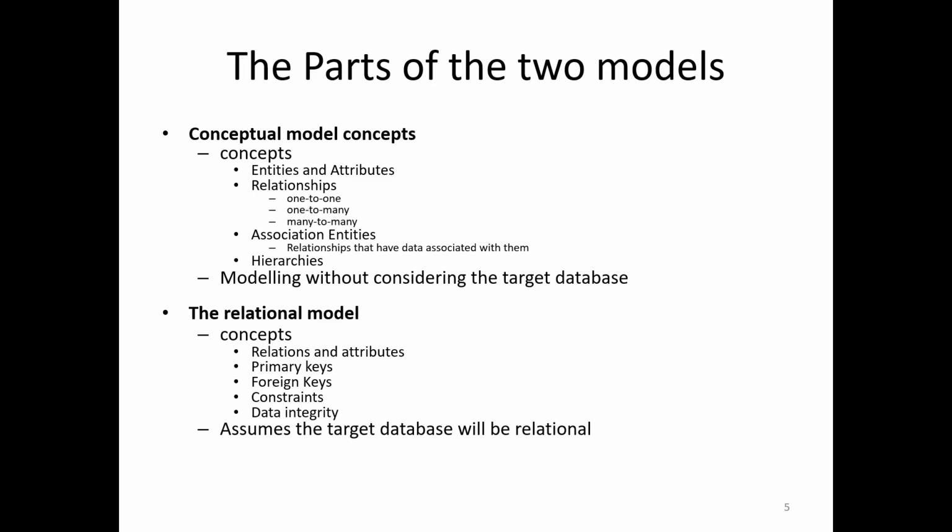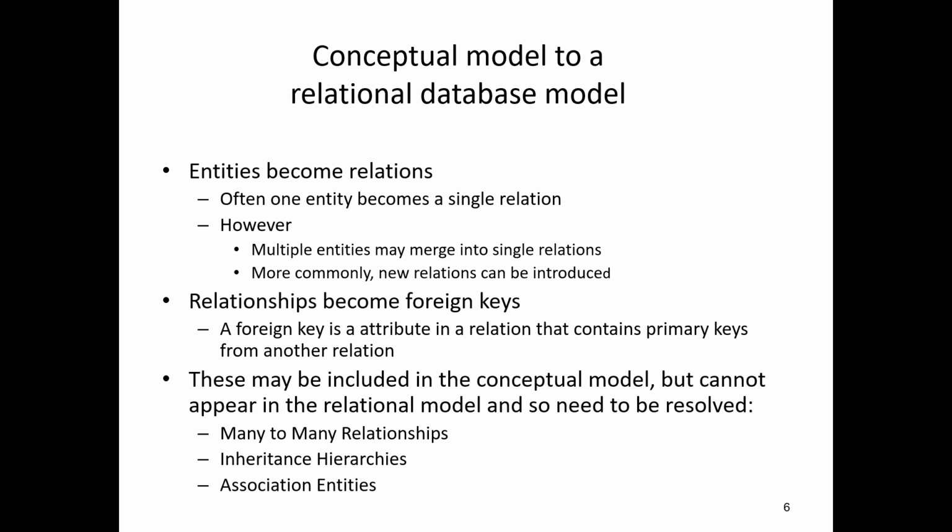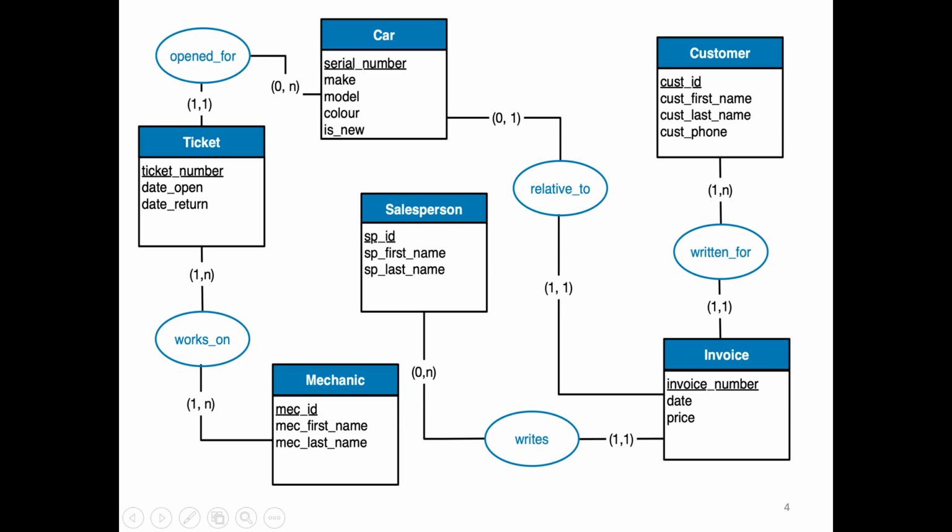Now let's take a brief look at the differences. We have talked about them, but let's go into a bit more detail. We know that entities become relations in case of a relational database model. However, multiple entities may merge into a single relation, like we were just talking about in this example, that this could be merged with the customer ID right over here also.